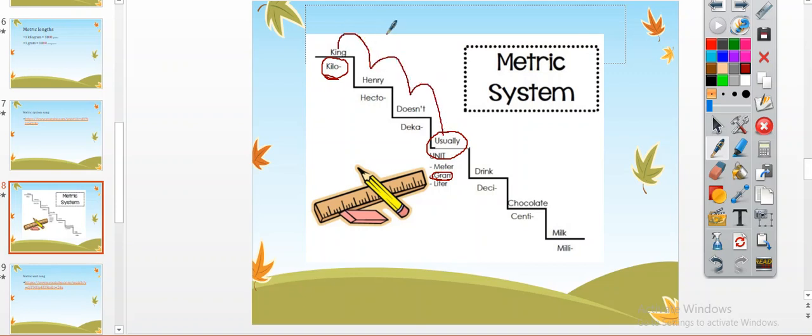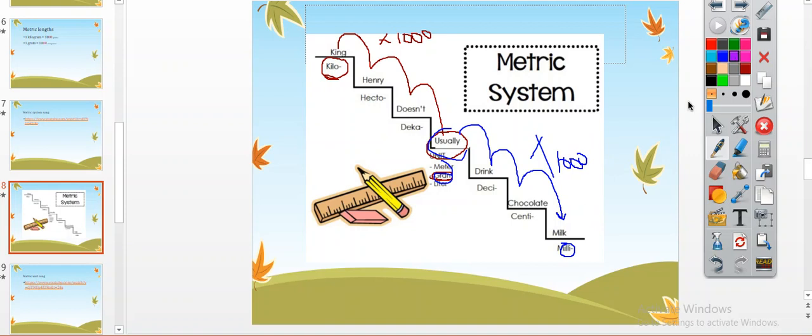So 3 jumps means from up to down you will multiply by something that has 3 zeros, which is 1,000. Also here, from the gram to the milligram, count how many jumps. 1, 2, 3. 3 jumps, so you have to multiply by 1,000.